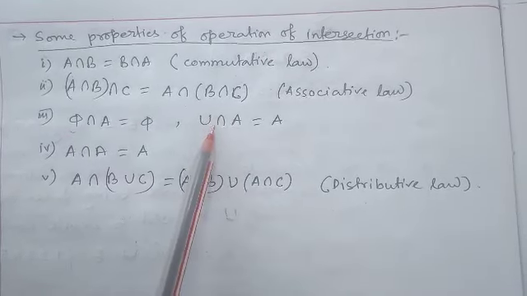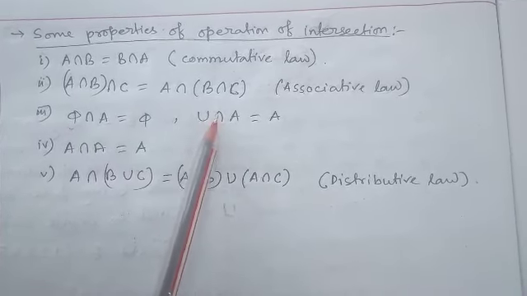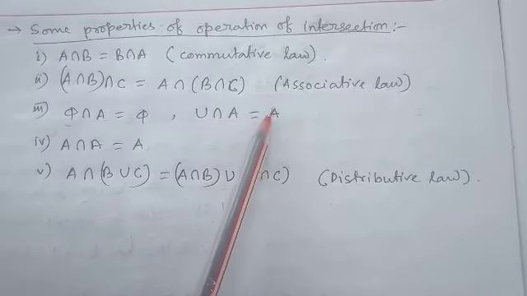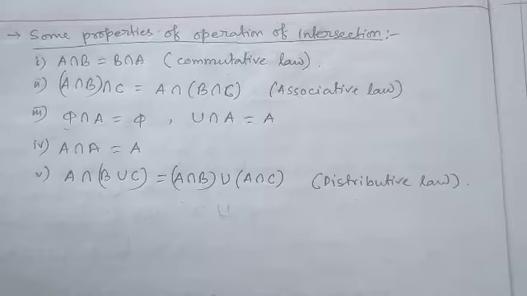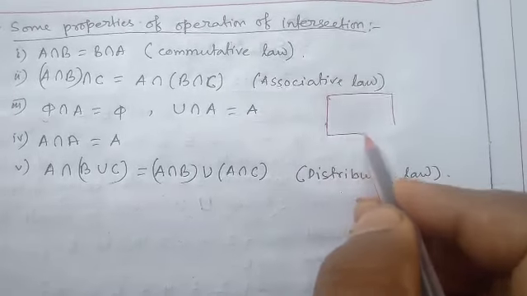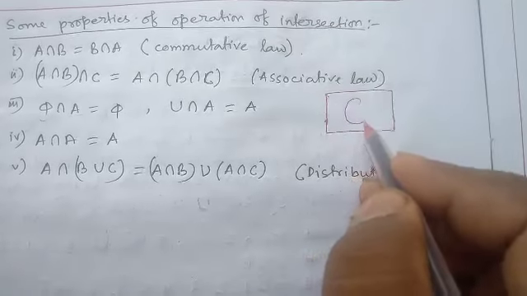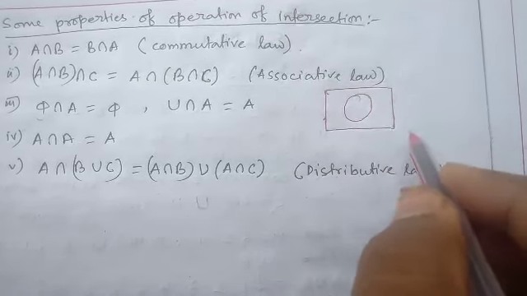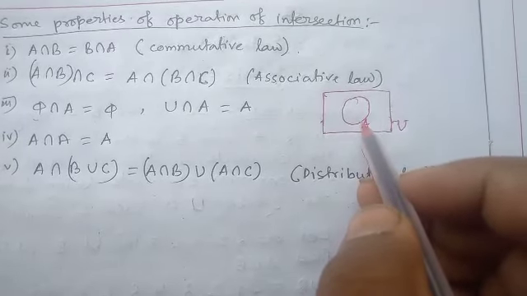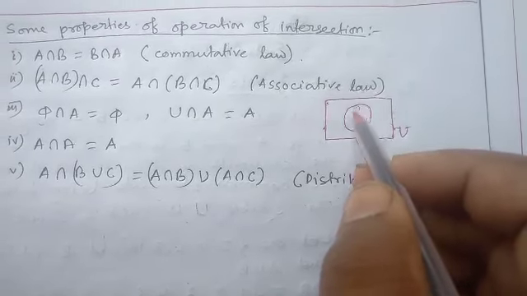And the intersection of the universal set and any other set, you will always get that set. Because the universal set is represented by a rectangle and any other set lies inside of it. This is your universal set and this is any set A. So inside of it, this is your common portion.